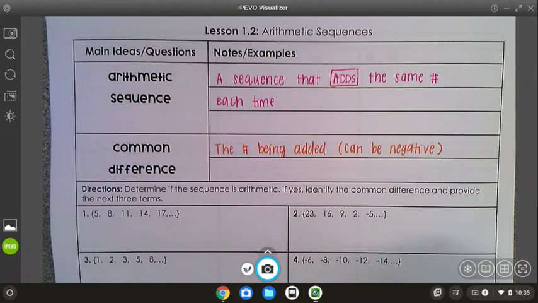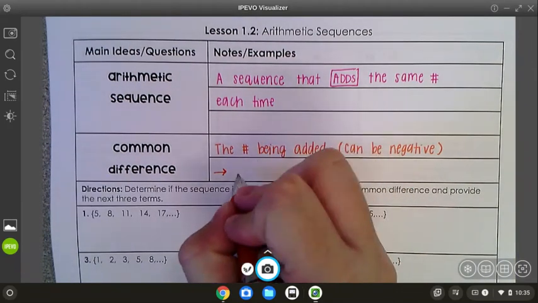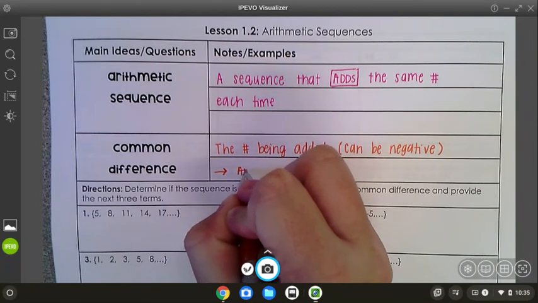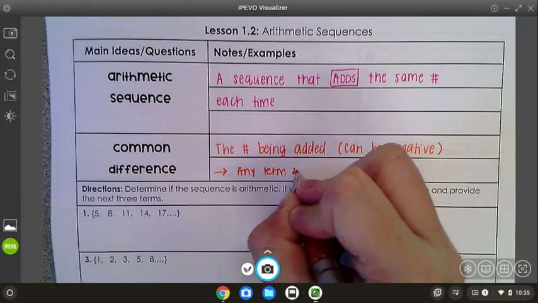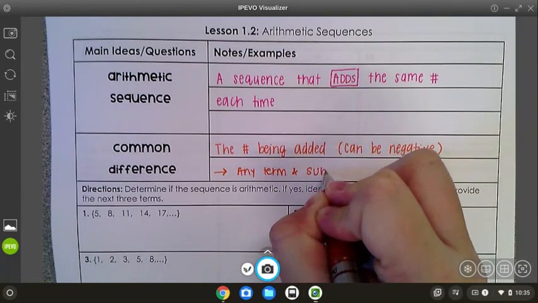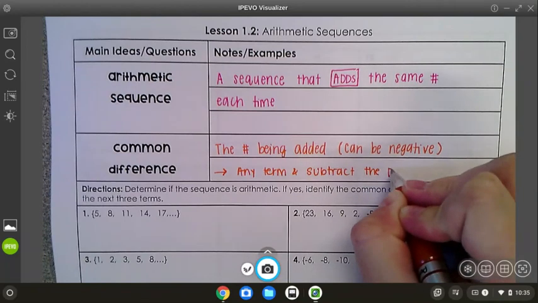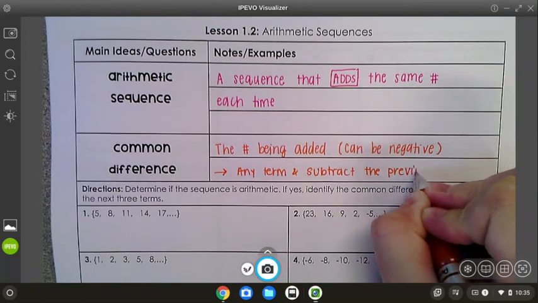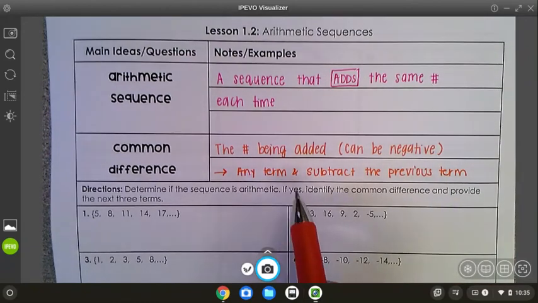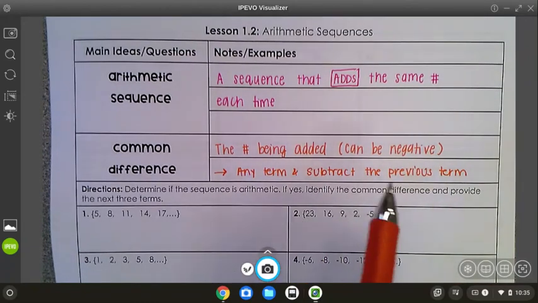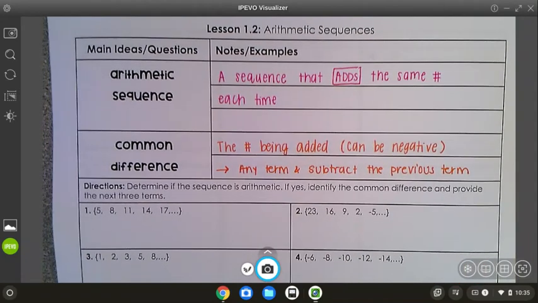And if we're going to find the common difference, we're going to take any term and subtract the previous term. So any term, and we subtract the one before it. And that's going to tell us the common difference.